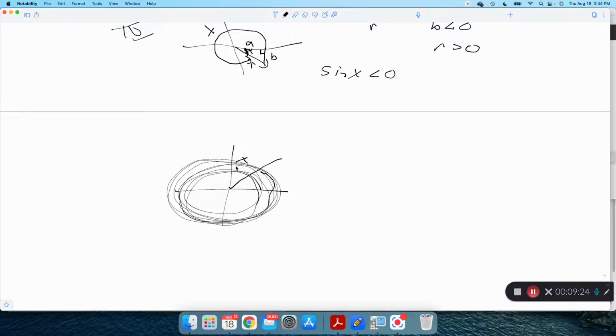We've gone around the circle a whole bunch of 360s plus a little bit extra. Then what is sine of X? Sine of X will be, well, we draw in this reference triangle, and it will be B over R. Whatever this length is over this length. Sine of X is always the vertical component over R. The Y value, if you want to think X and Y, over R.